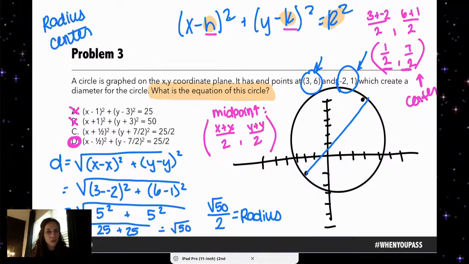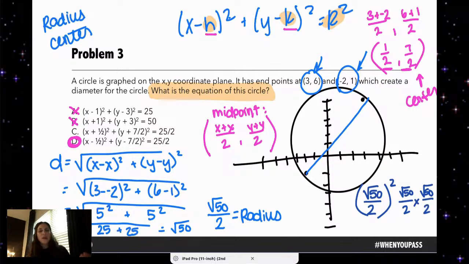Now, how did they get 25 divided by 2? Great question. I'm going to take my radius and I'm going to square it. So the square root of 50 divided by 2, squared, is really just the square root of 50 divided by 2 times the square root of 50 divided by 2. Well, what is the square root of 50 times the square root of 50?